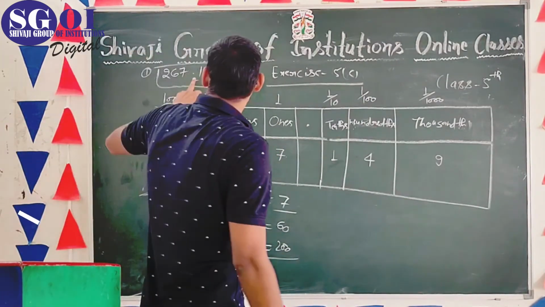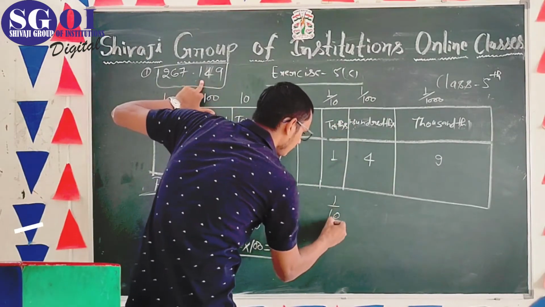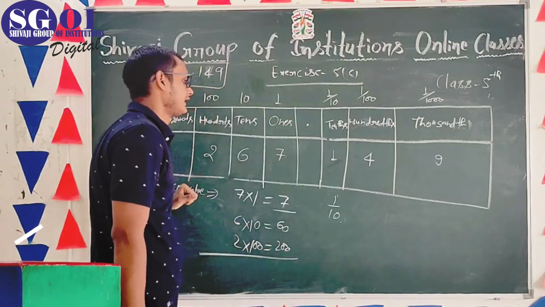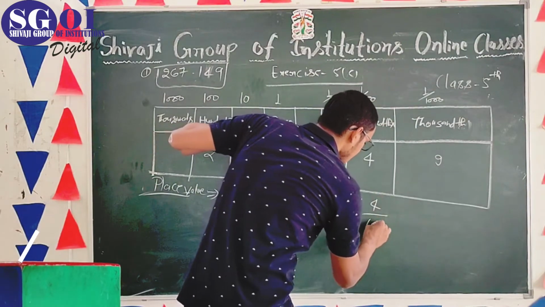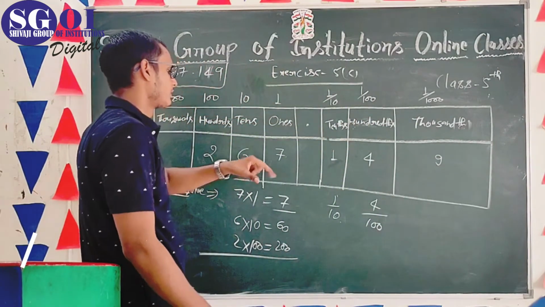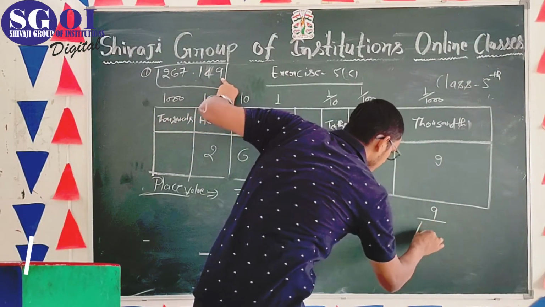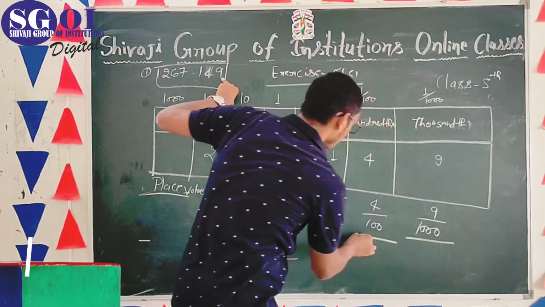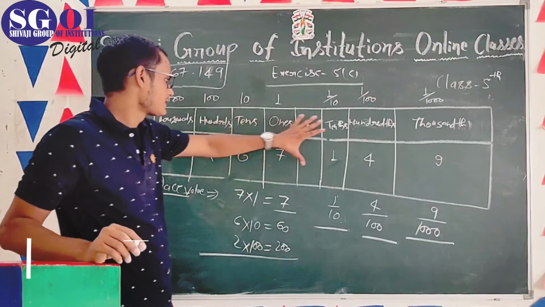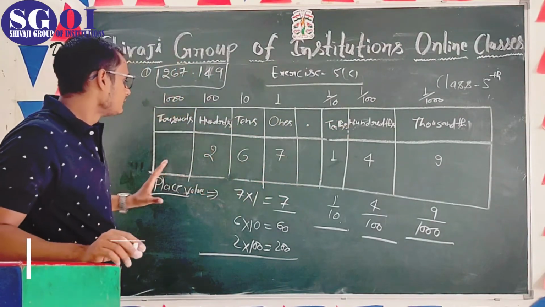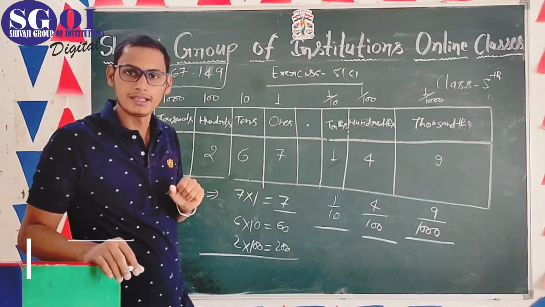The place value of 1 is 1 upon 10, the place value of 4 is 4 upon 100, and 9 is in thousands place, so its place value is 9 upon 1000. Understood? With the help of this place value chart, we can find the place value of each digit easily.